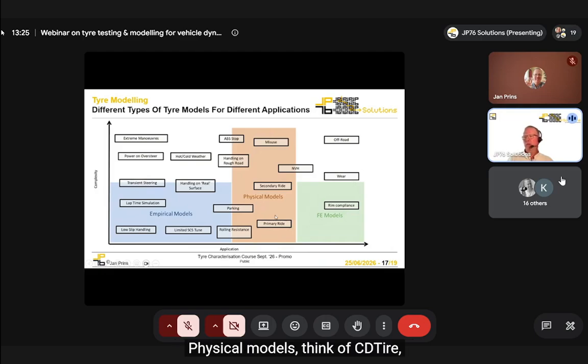Physical models, think of CDTire, FTire, to an extent also Swift, an extension to Magic Formula, and then FE models, so finite element models, which are really in the tire manufacturer realm. There are some possibilities, and I know some people who create finite element models from stripping a tire down and trying to work out what the components are, but it's really, really complicated and really, really time consuming, so that's not normally done.